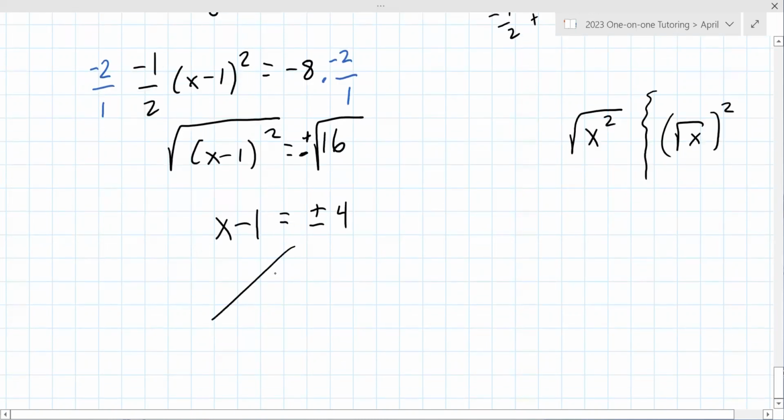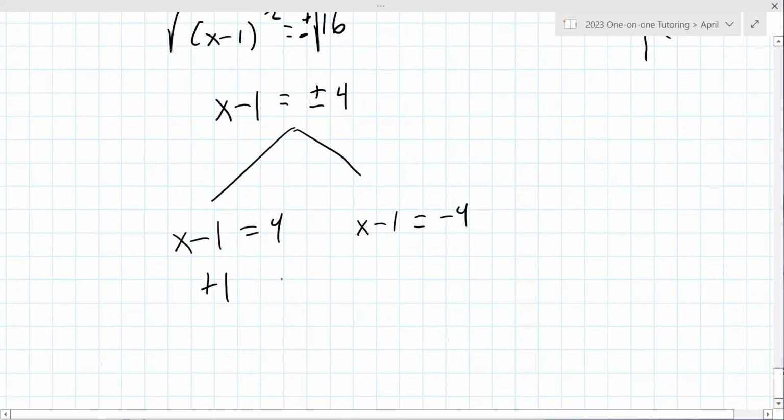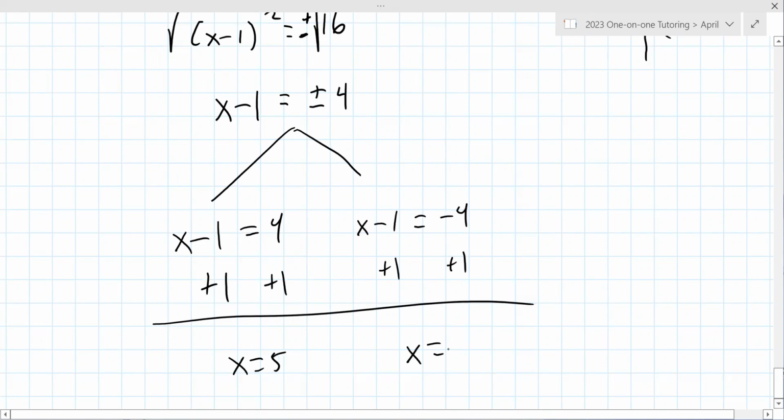And so this becomes two equations: x minus 1 equals 4, and x minus 1 equals minus 4. You solve these by adding 1 to both sides, and you get x equals 5, x equals minus 3.